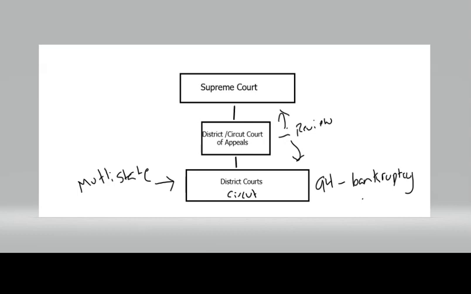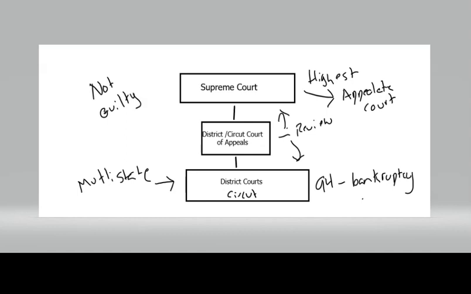Now, the Supreme Court of the United States is the highest court of the United States, but it also functions as an appellate court. Okay, meaning a court of appeals. They're looking at the constitutionality of that case. They will not release a guilty or not guilty plea, but all they look at is the constitutionality of that case.